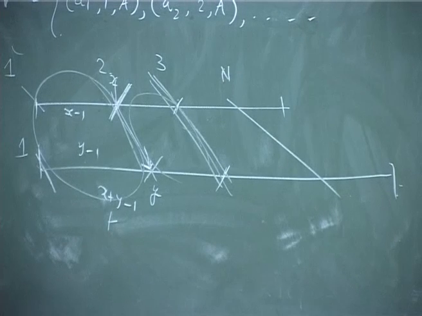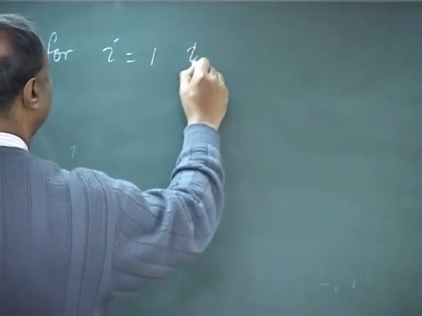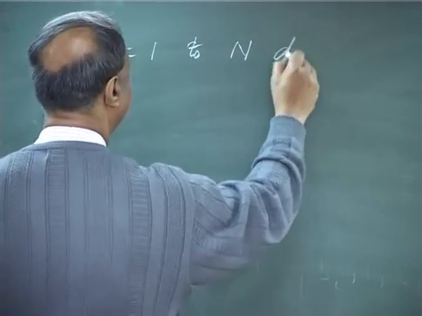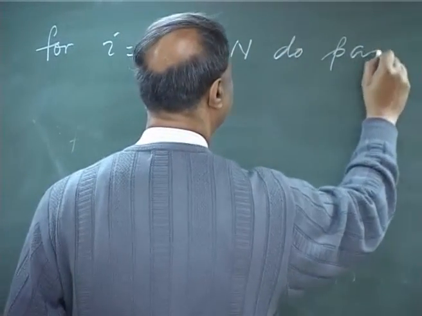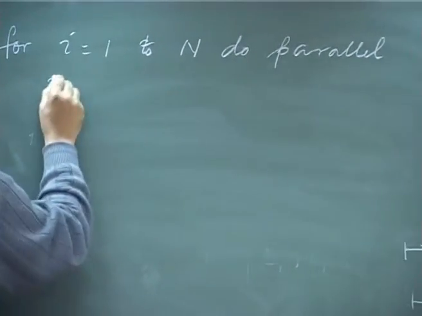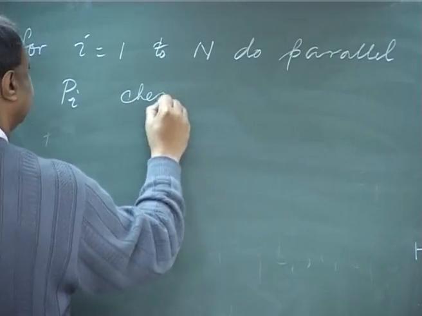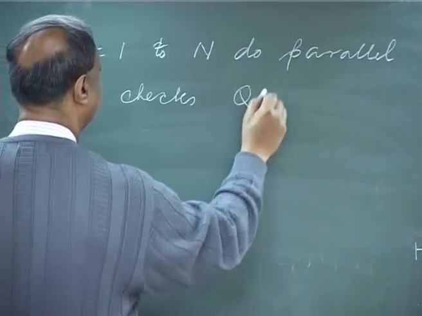So the next part is how to merge it. For i equals 1 to n, do in parallel: Pi checks Qi.